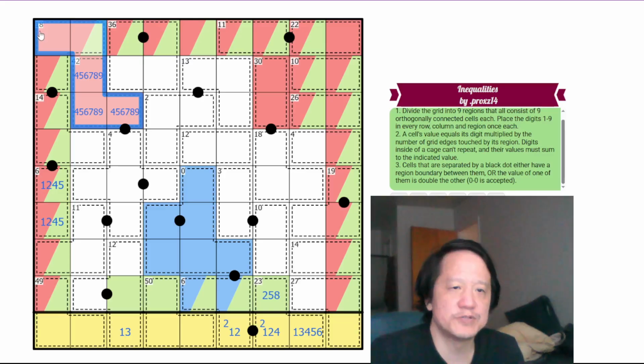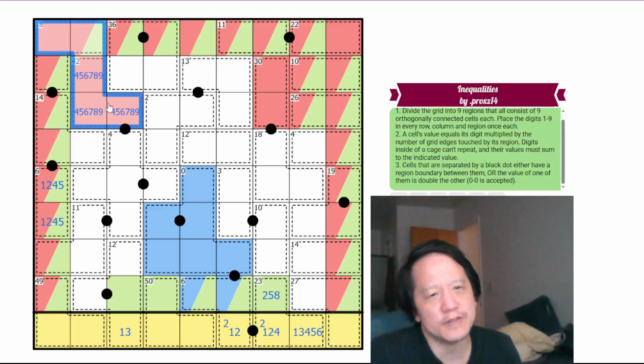This could obviously be two edges there. One of these is going to be blue. So we definitely have a blue here. One of these is either green or red.